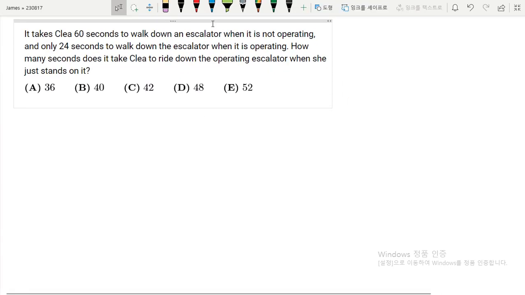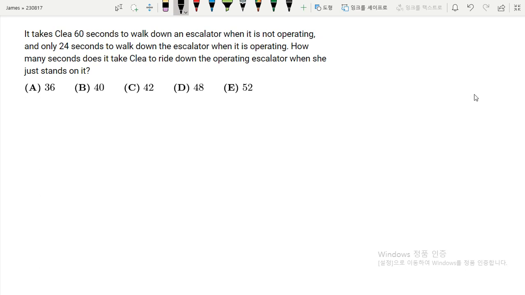So in this problem, for walking down the escalator, it takes 60 seconds. So let's say the escalator's length is d, and when it's divided by Claire's speed, that's 60 seconds.